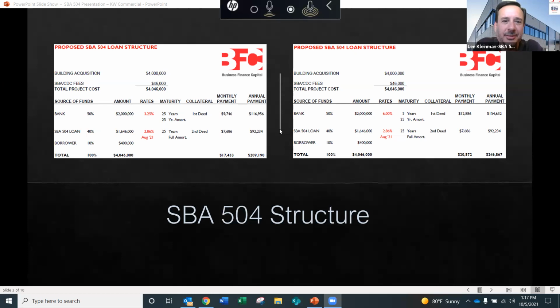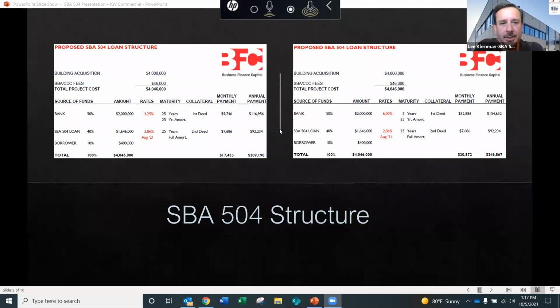So this is a very small snippet of the actual one-page PDF. There's a lot more information that's included, and I'll send that out to everybody so they can see what the true loan scenario looks like. But I just took some screenshots here. The one on the left would be for a top-tier borrower.